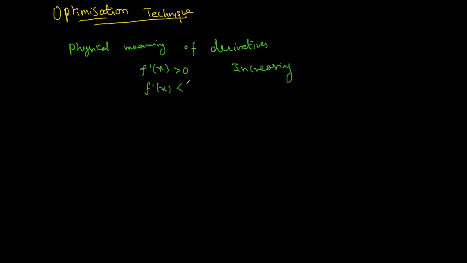If f dash is negative, decreasing. If the function derivation is zero, then it is not increasing, not decreasing. It is a turning point. It means at this point, the function moves from maximum value to minimum or minimum to maximum. This is the physical meaning, right?